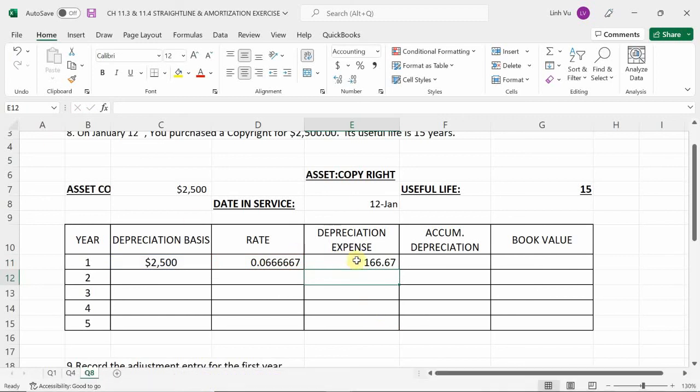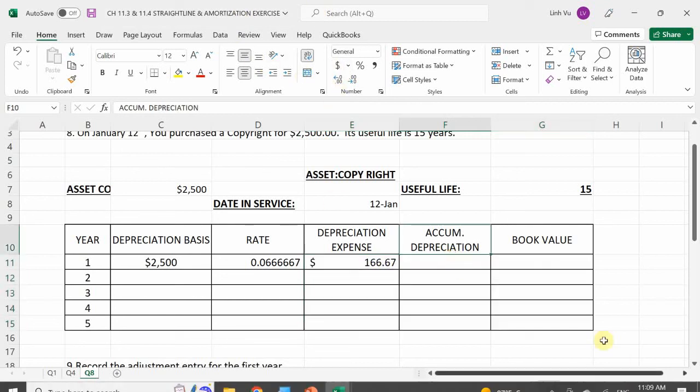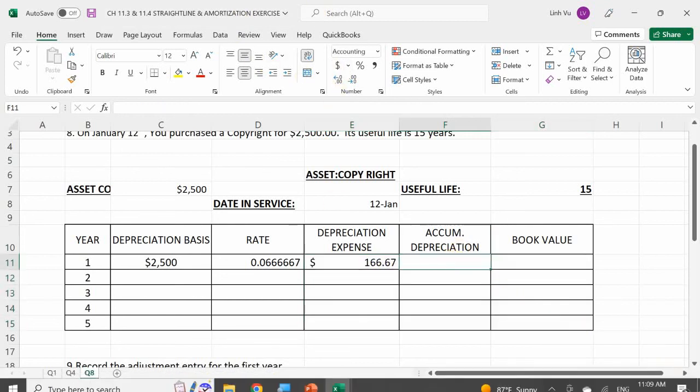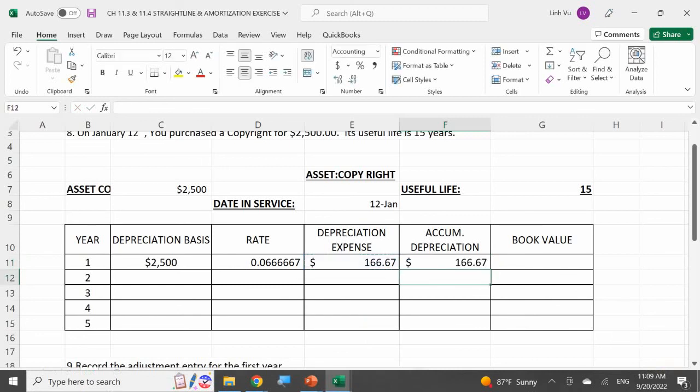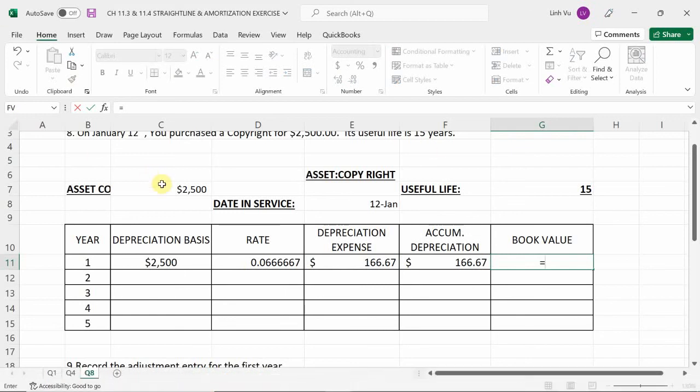What does that tell you? Round. Round up. Yes. Good. So it's 67 cents. So therefore, my accumulated depreciation is $166.67. So therefore, what is going to be my book value?